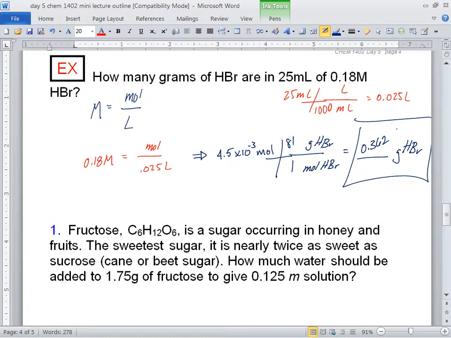Okay. So let's try the next one. See if you can figure out how to solve it. See if you can pick out the right equation. Figure out how much water has to be added.